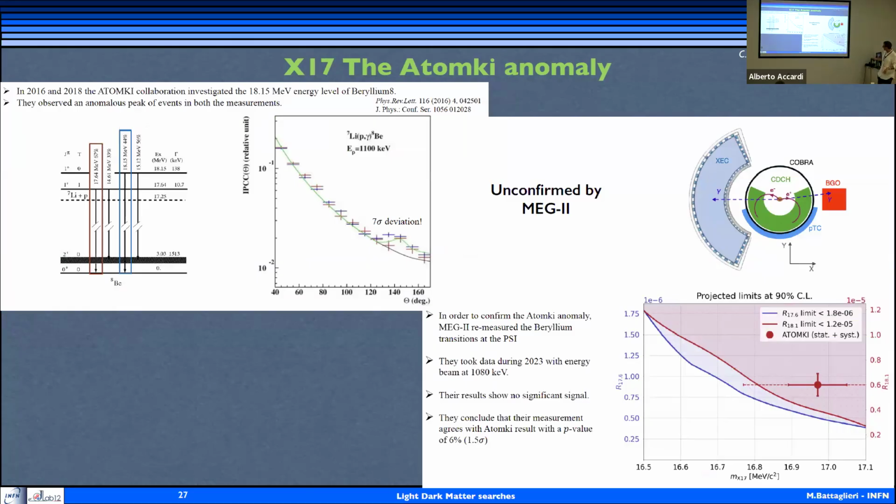In the angle between the e+ and e-, they were expecting something smooth. But at a certain value, they see a 7 sigma deviation. So there was a bump.